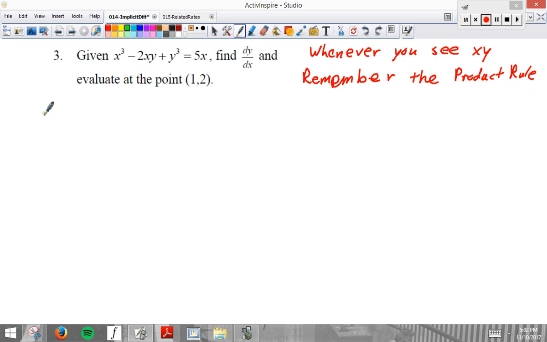Derivative of x cubed, 3x squared. We're differentiating both sides. That's the first step. Now over here, to use the product rule, I'm going to break this into two parts, and I'm going to group the most amount of pieces together.